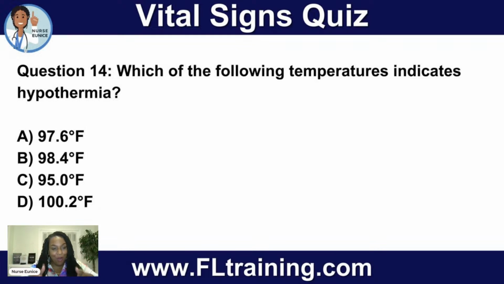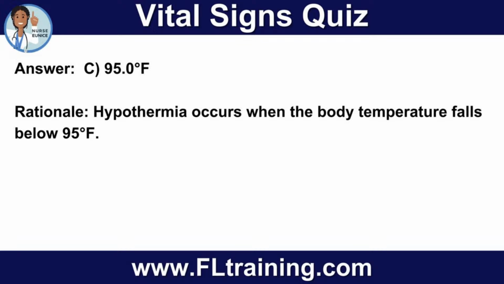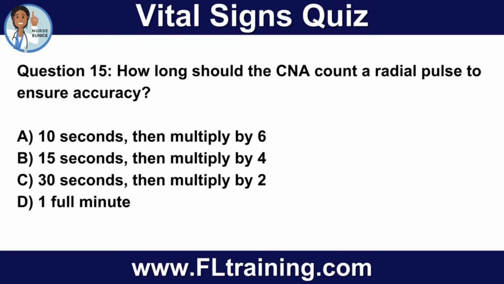So hypo in front of a word, we call that a prefix, means that it's lower than normal. So hypo, lower than normal temperatures, would be C, 95 degrees Fahrenheit would be a hypothermic reading. Okay, so if you read that whenever you're taking someone's temperature, of course you want to get the nurse right in the room, and they have warming blankets, etc., they can put on the patient.